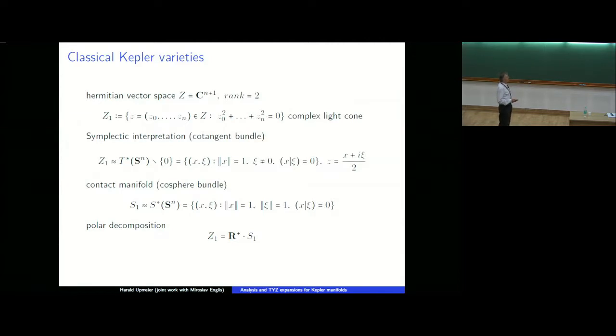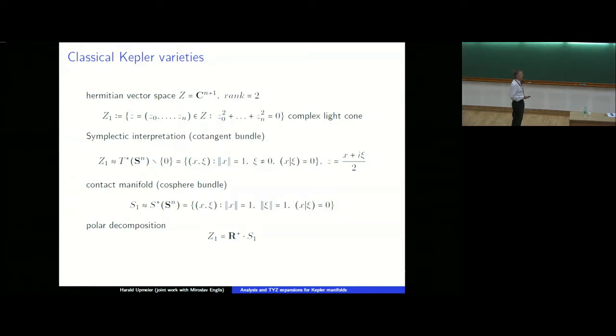It has a symplectic interpretation as the cotangent bundle of the sphere without the zero section. The cotangent bundle is all pairs (x, xi) of vectors where x has norm 1, so x is in the sphere S^n, and xi is a vector different from 0 because we remove the zero section.